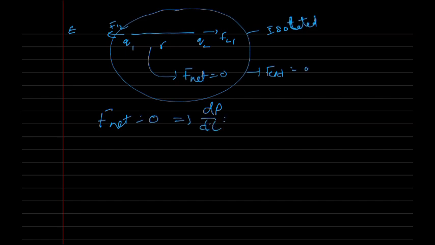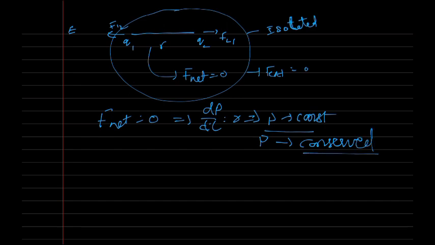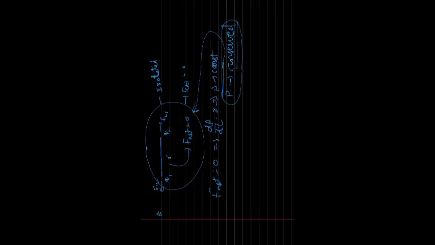So we get p constant, right? What is meant by p constant? P constant means p will be conserved here. So if p is conserved, we can apply this conservation of momentum to the given illustration, right?